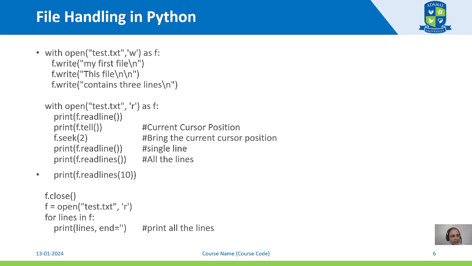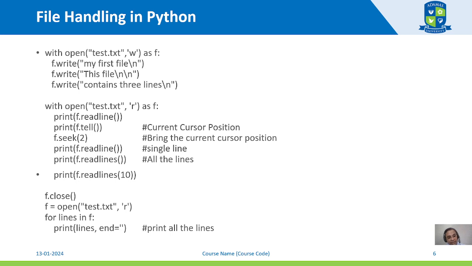That means it will read line by line and return it. f.tell tells the current position of the cursor. f.seek is a very important function that changes the current position of the cursor. Suppose my current cursor position is at 10 and we give f.seek(2), then the cursor position will be at position 2.